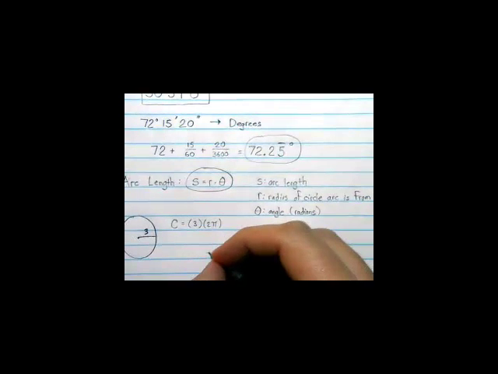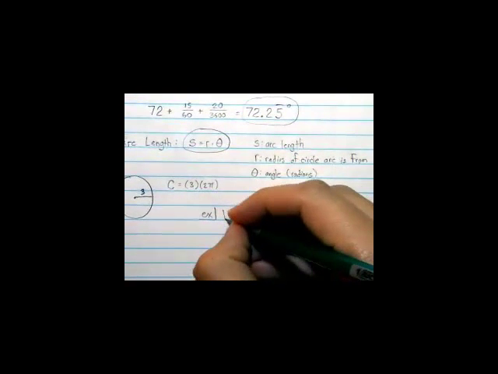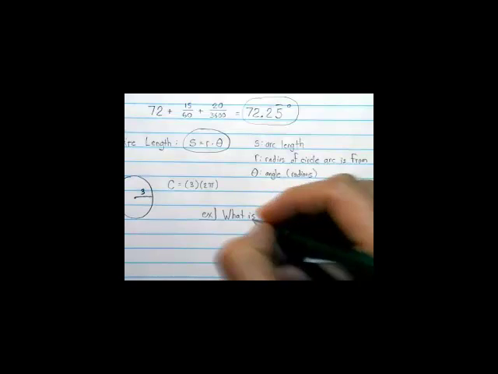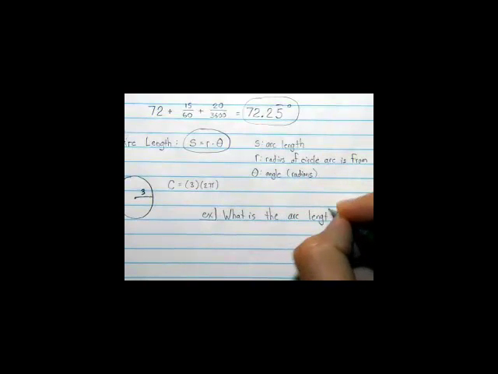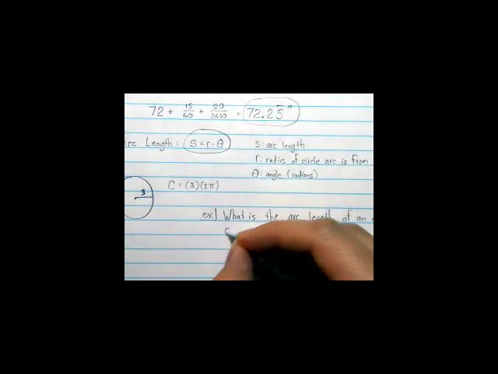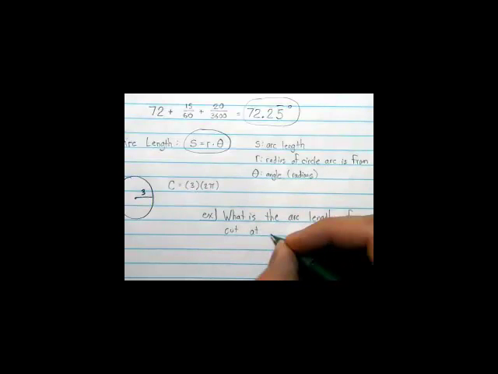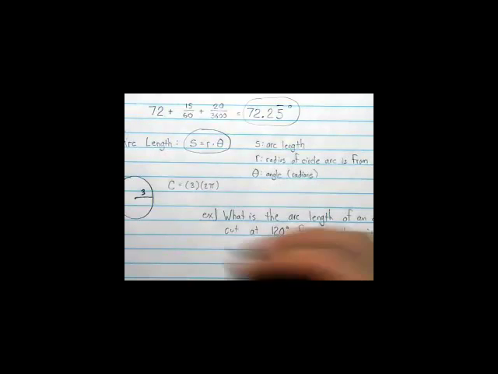So let's try this out a little bit, make you do a little conversion on this one. What is the arc length of an arc cut at, let's say, a 120 degree angle from a circle with a 2-inch radius?